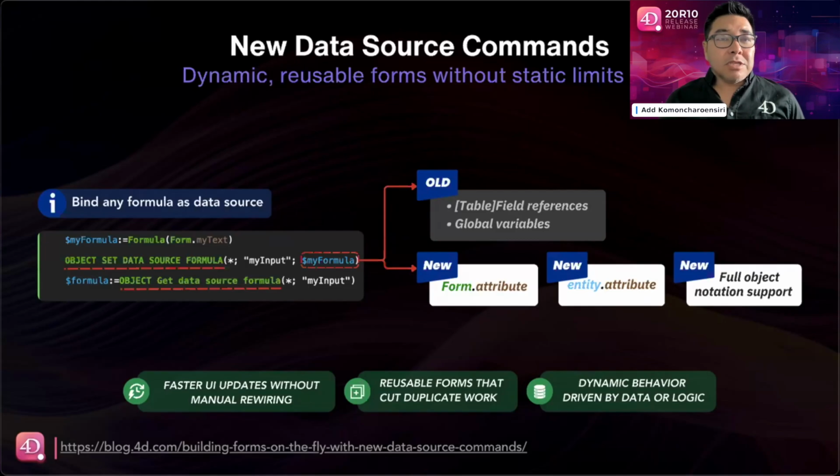And this new ability gives you so much flexibility. One benefit is a faster update to the UI without having to manually rewrite or rewire your code. It also makes your form more reusable, so you don't have to duplicate your logic. It makes it more dynamic, allowing dynamic behavior driven directly by your data or business logic rules.